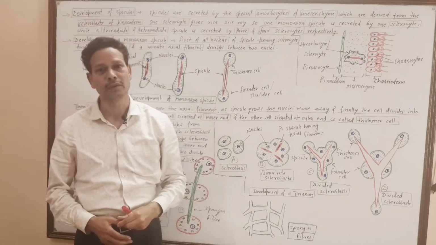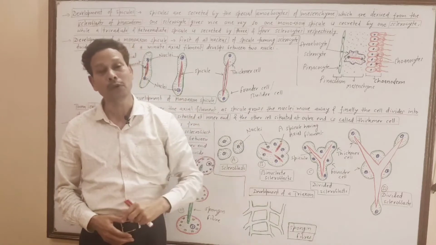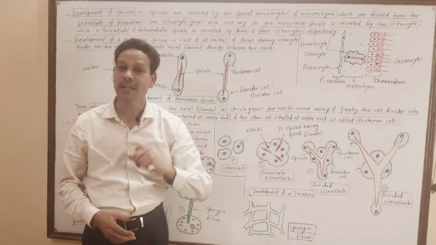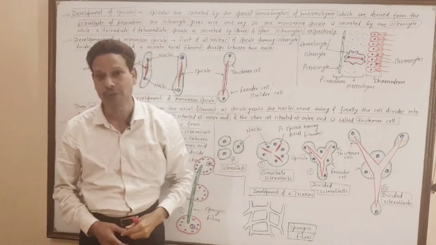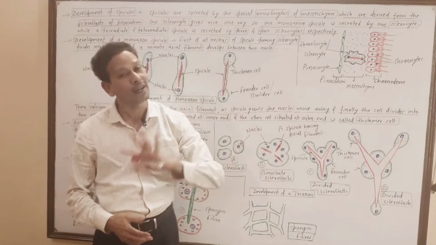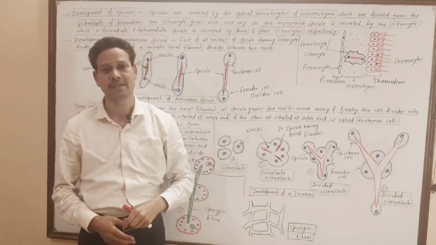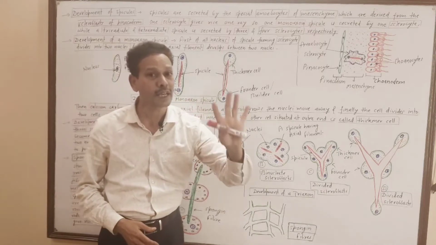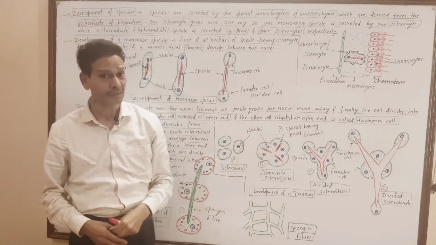A triaxon spicule has three rays, each produced by one scleroblast, so it is derived from three scleroblasts. A tetraxon has four rays, so four scleroblasts give rise to a tetraxon.